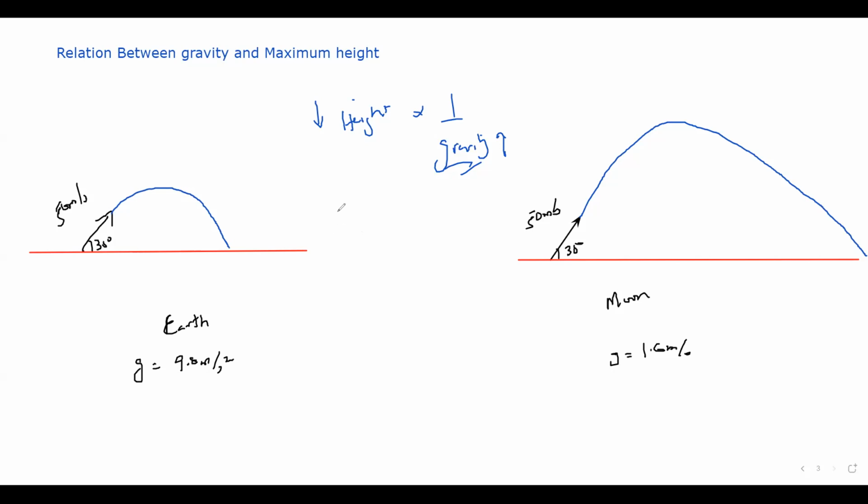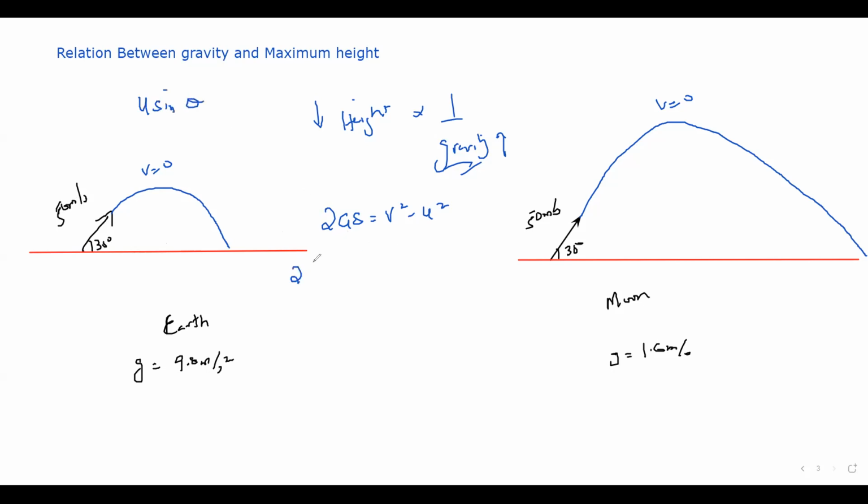Like we know this formula, 2as equals v square minus u square. So at the vertical, the final velocity will be 0. Horizontal will be there, but the final vertical will be 0. And what about initial? If I'm not using the numbers here, the initial vertical will be given by u sine theta.